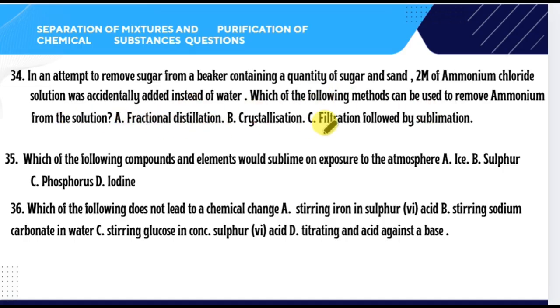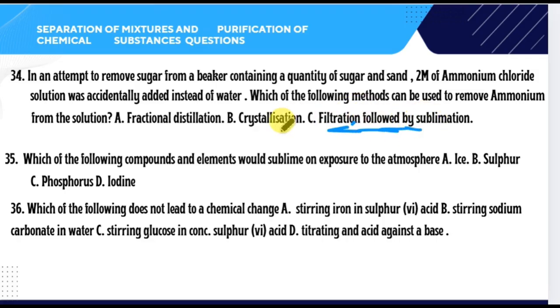Since we know that ammonium chloride sublimes, we are going for the option containing sublimation. Fractional distillation cannot be used because ammonium chloride has the ability to sublime. So sublimation is the best way. Crystallization, no, we do not have a saturated solution here. So filtration to remove the sand followed by sublimation is the right answer here.